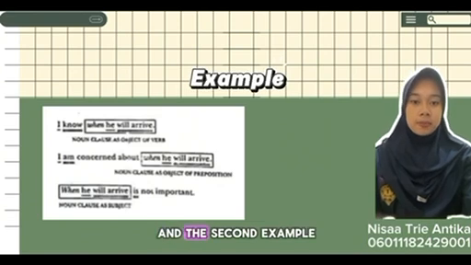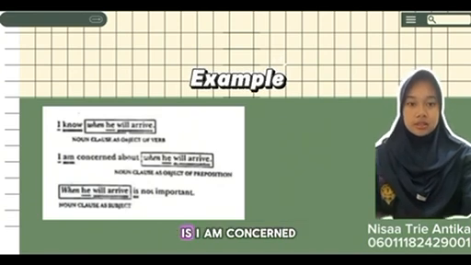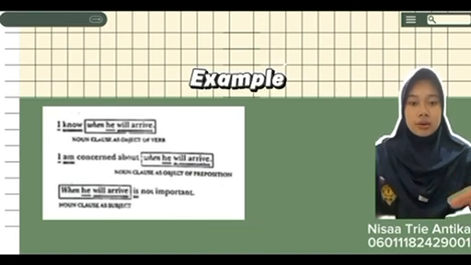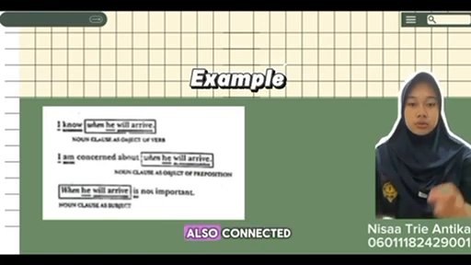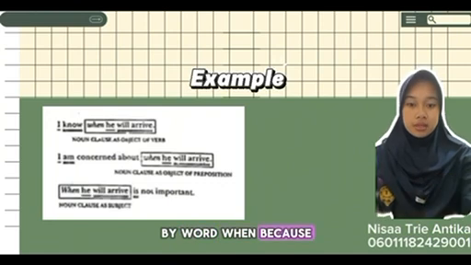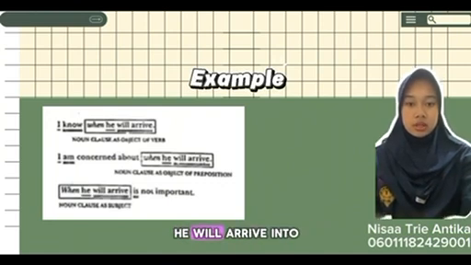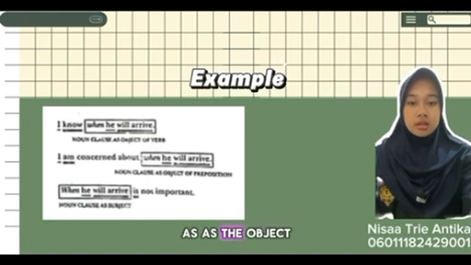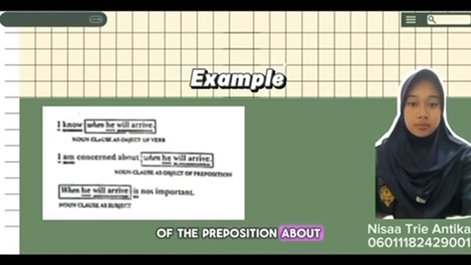The second example is I am concerned and he will arrive are also connected by the word when, because when changes the clause he will arrive into a noun clause that functions as the object of the preposition about.